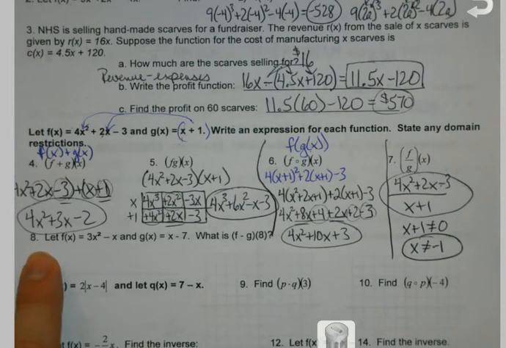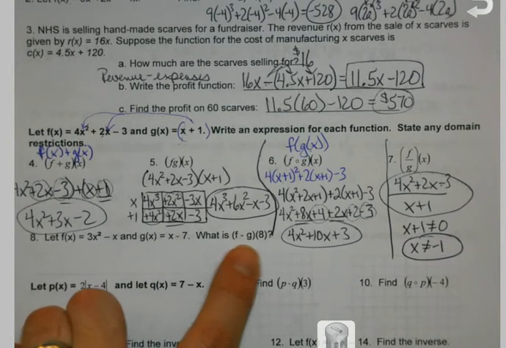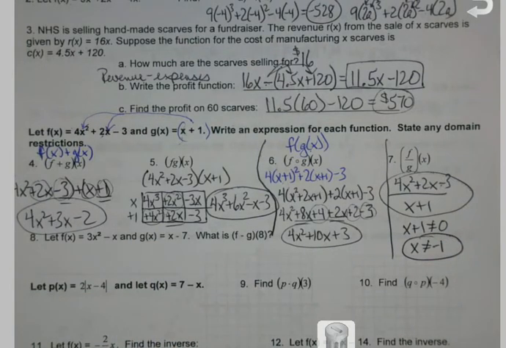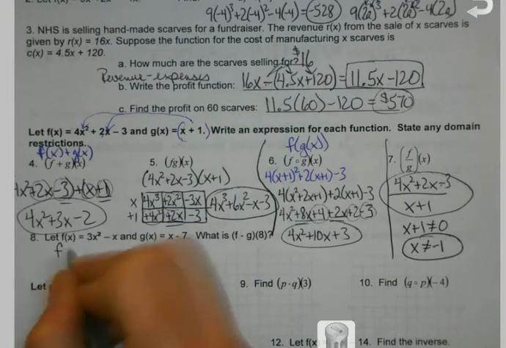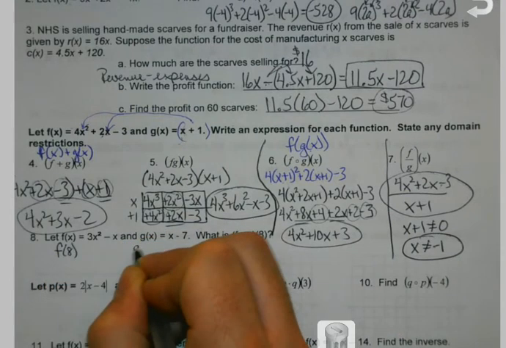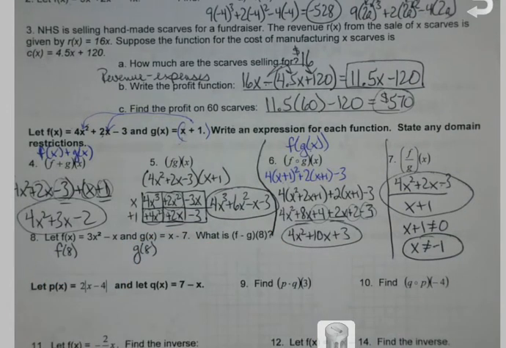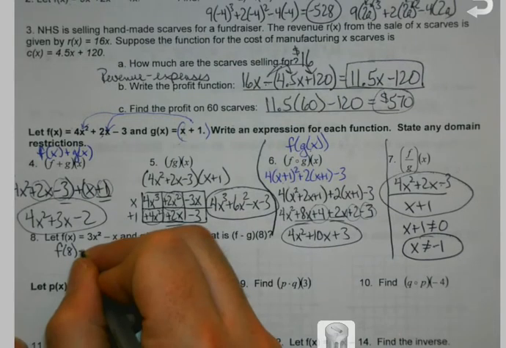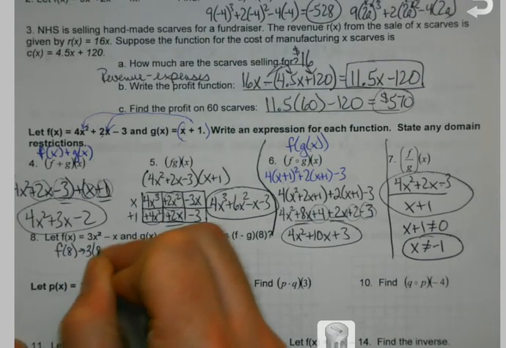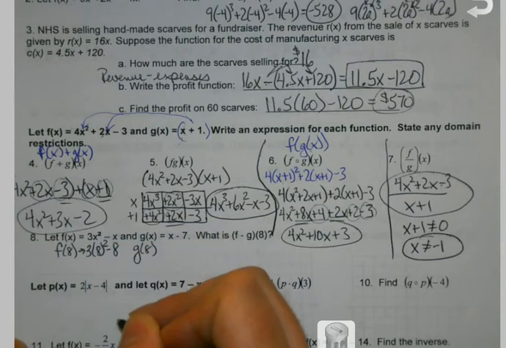And then finally, for this section on 8, we have f and g of x. What is f minus g of 8? Now, I have choices here, but here's the choice I normally make. I go ahead and I plug the 8 into each one to make it simpler on me. So, for instance, here, I'd have 3 times 8 squared minus 8.